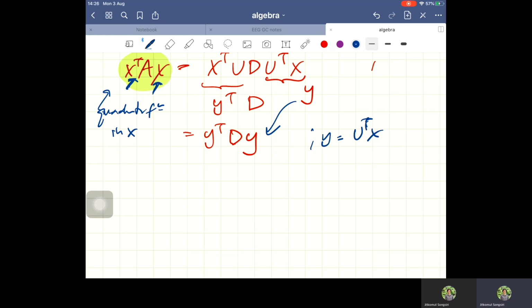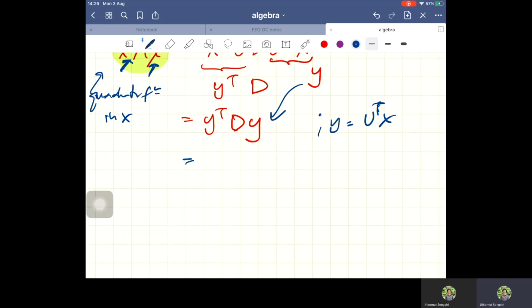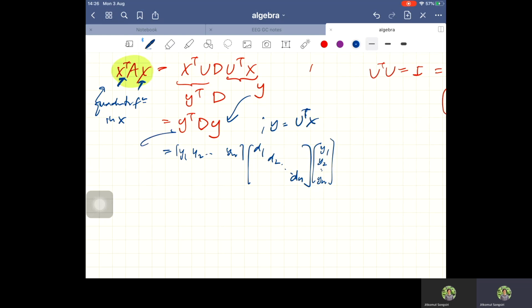Why is this transformation useful? Because Y transpose is going to be Y1, Y2, Yn, times D1, D2. Now D is diagonal, and that's a good part of it. When you have a quadratic form in a vector Y, the expression turns out to be very simple, because you can just multiply it out.